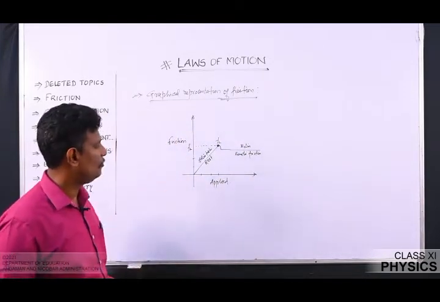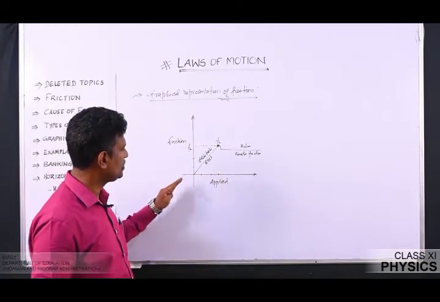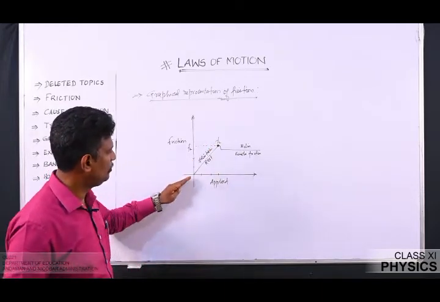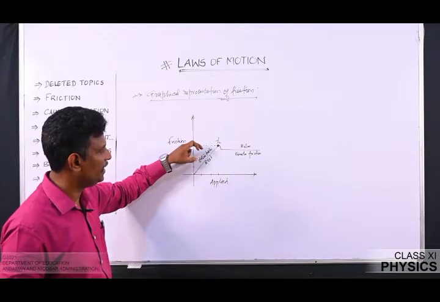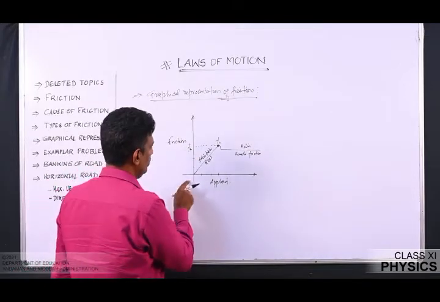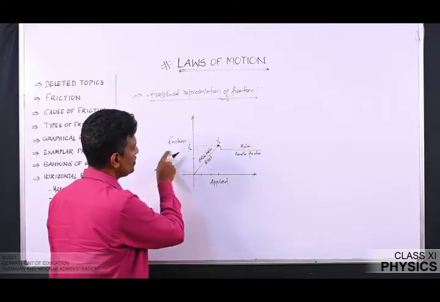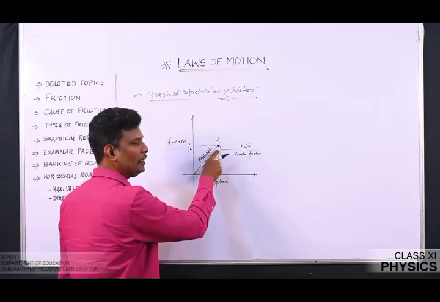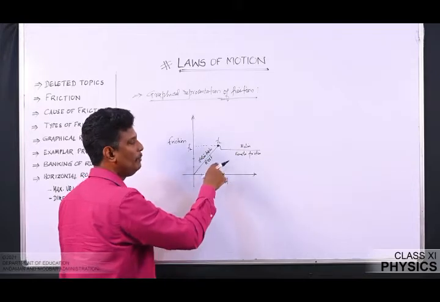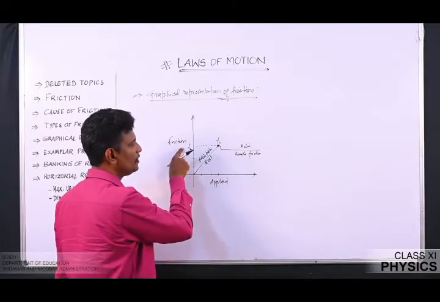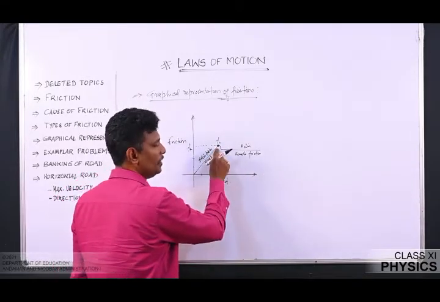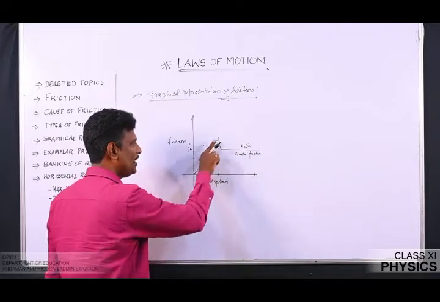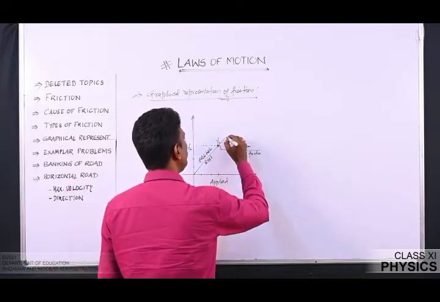From the graph, what we can get is, up to certain extent, up to the body is static, the ratio of frictional force and the applied force is going straight. After reaching the limit, that is maximum limit of friction, that is limiting friction, it reaches here, then also it is straight, and here also the body is at rest.